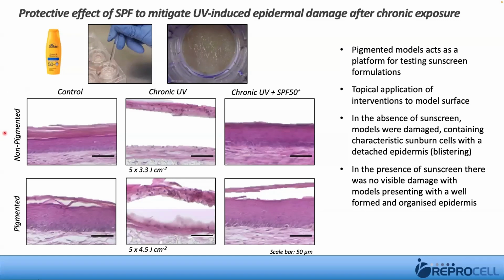So non-pigmented models with relatively low energy, you see blistering and sunburn cells forming, whereas in the presence of the sunscreen, SPF 50, you get total protection. In the pigmented model, we have to turn the power up to get a burn, and then we get protection with the sunscreen.